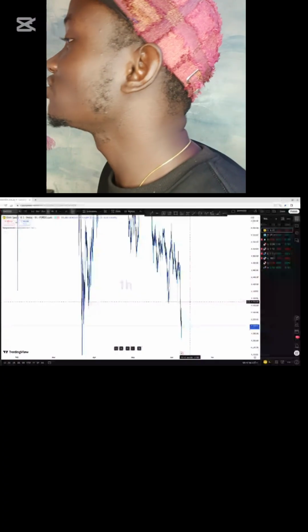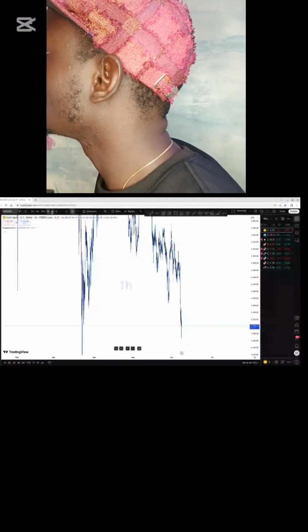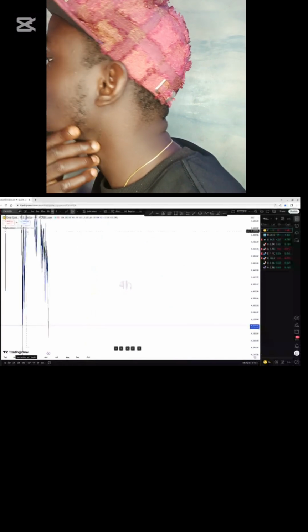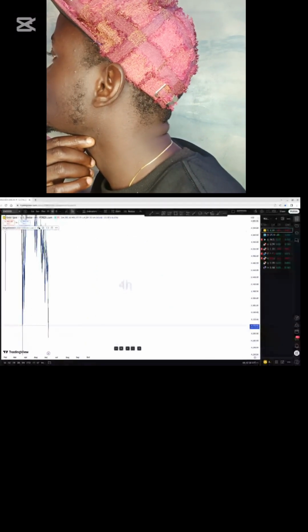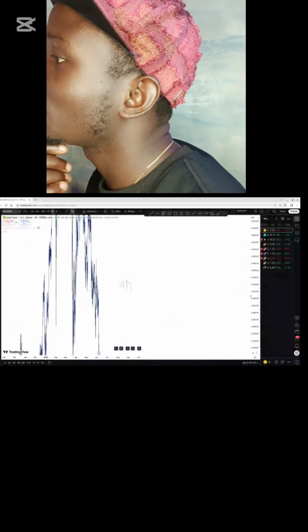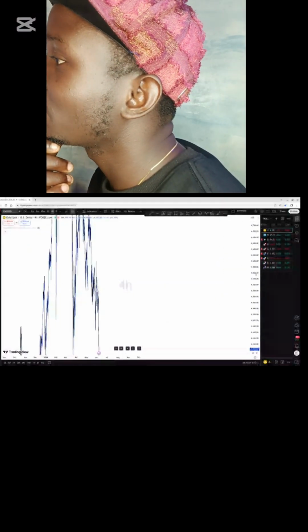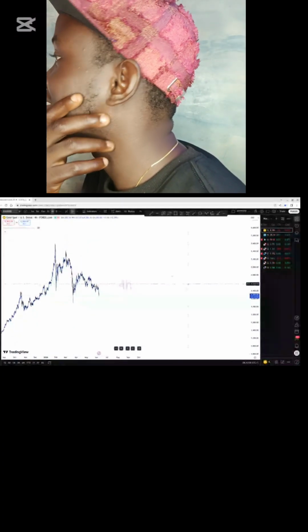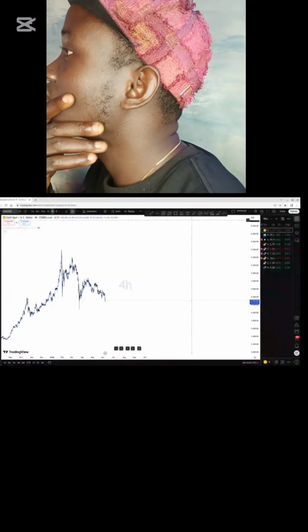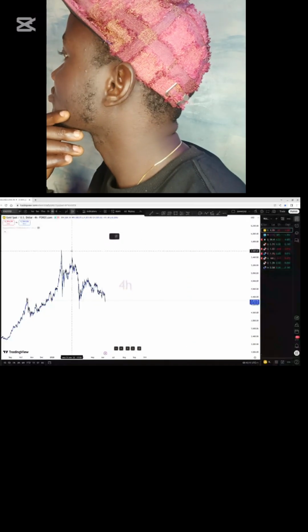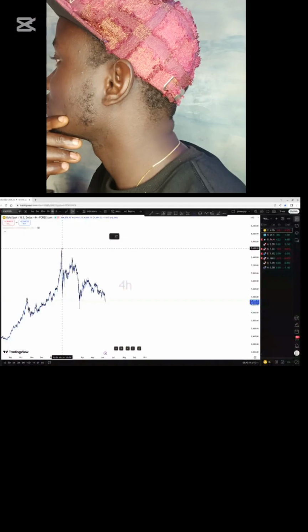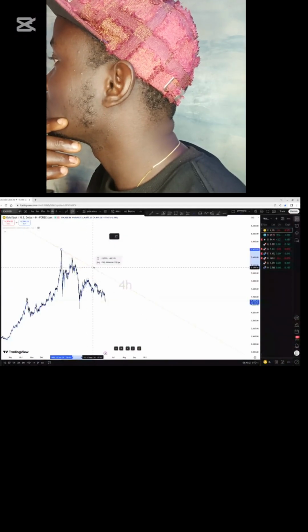So now, what do we see? First thing we do, we go to our 4 hours time frame. I will turn off this indicator. On our 4 hours time frame, the first thing we look out for is where the market is really doing the best thing. Using our horizontal ray, we can see this first point connecting with these two.